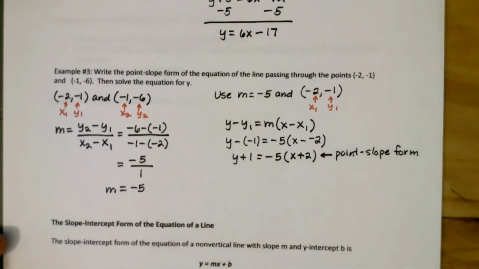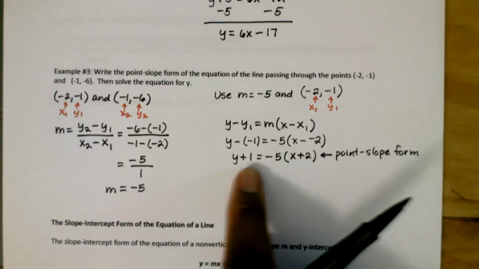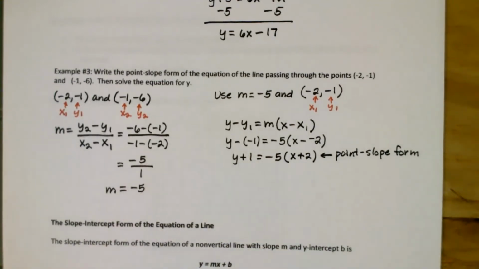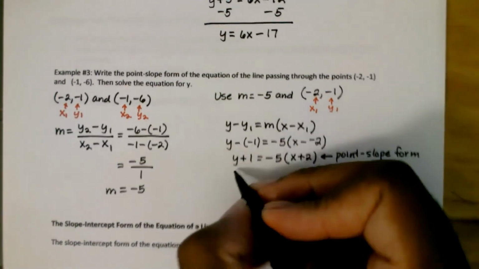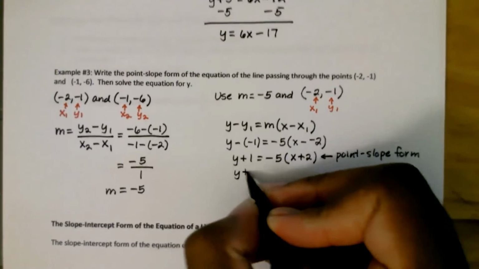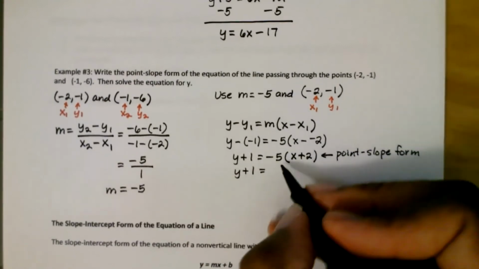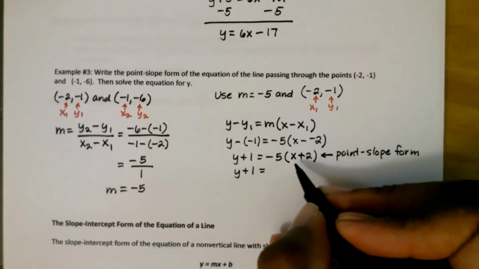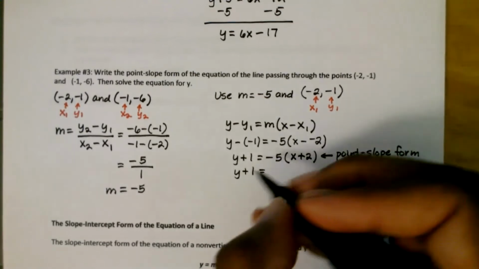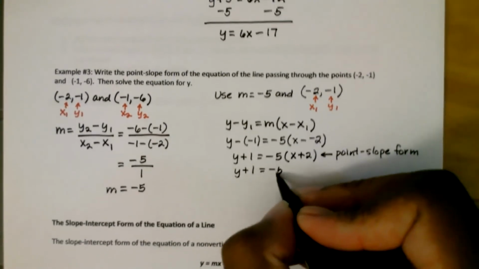Again, in the homework, they will ask for 2 things: the point slope form and the equation solved for y. So this is point slope form. And for the equation to be solved in y, we'll just finish this out. So I'm going to bring down the y plus 1, and that's equal to, distribute the -5 over the x plus 2. -5 times x is -5x.